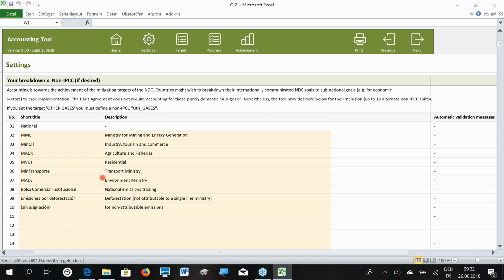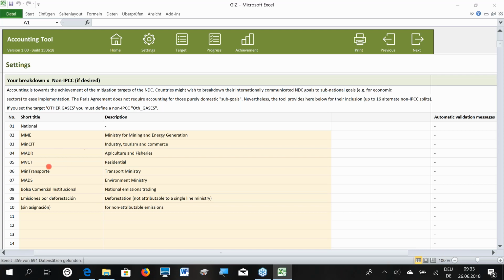So this is for the Colombian case, and just to explain, they said that 8 line ministries have a responsibility for their corresponding sector to achieve also sub-NDC targets. They broke down the national NDC target into 8 sub-national, sectoral, ministerial mitigation targets, and each ministry has to comply with its corresponding sub-NDC target.